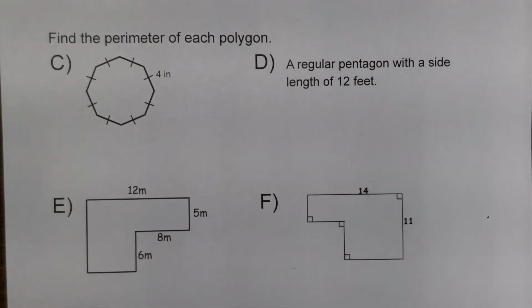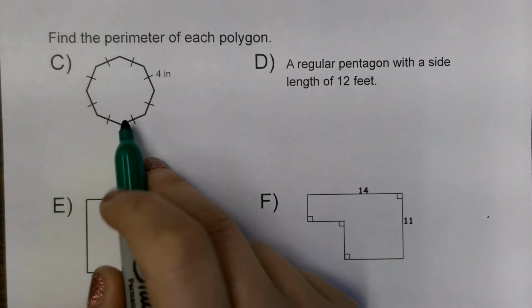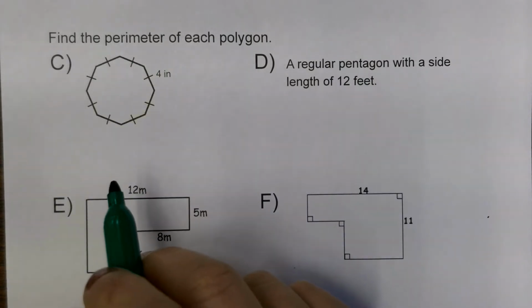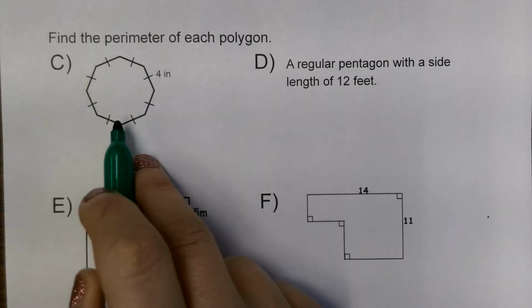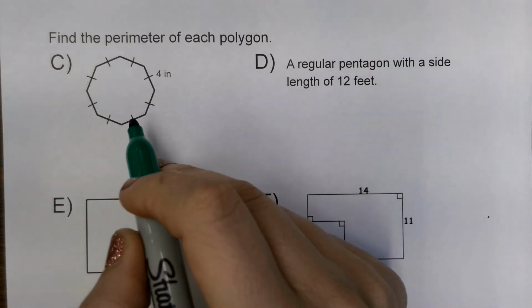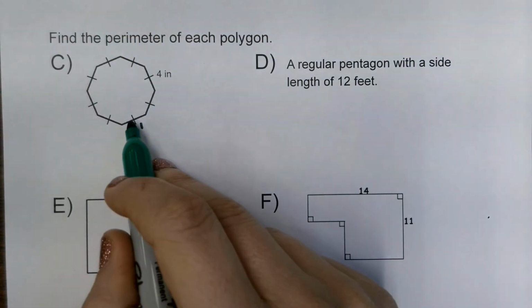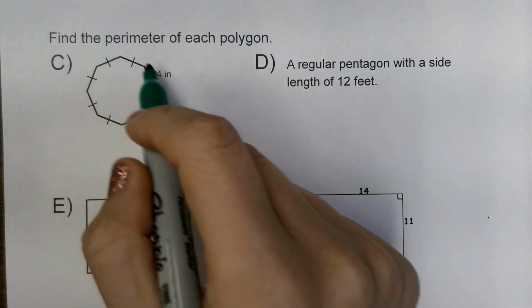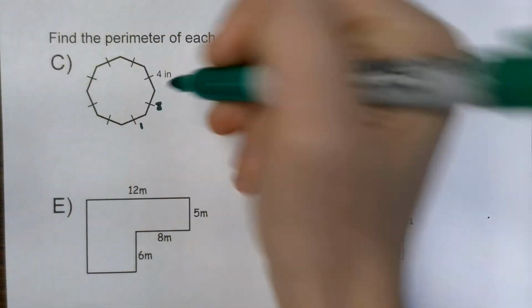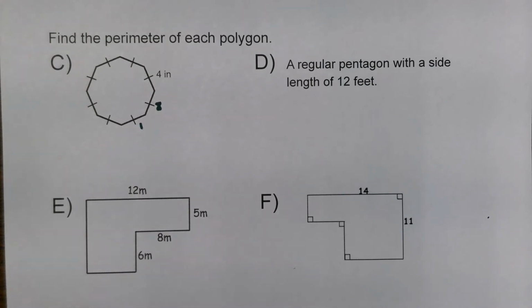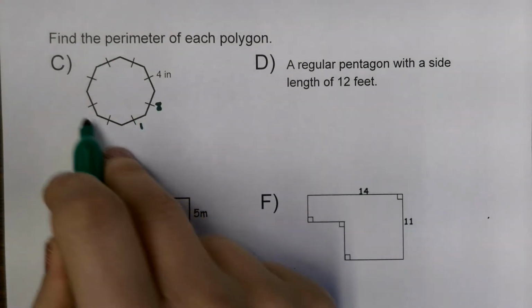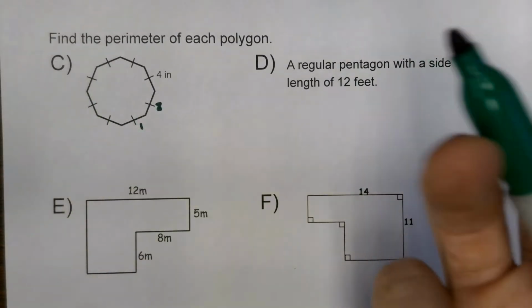On the back, we've got some other types of shapes. So for C, we're finding the perimeter of the polygon here. And in order to find the perimeter, I do need to know how many sides it has. So I'm going to start here. We've got 1, 2, 3, 4, 5, 6, 7, 8 sides. So that makes it an octagon. And because it is equilateral, that means that all of those sides are going to be the same.